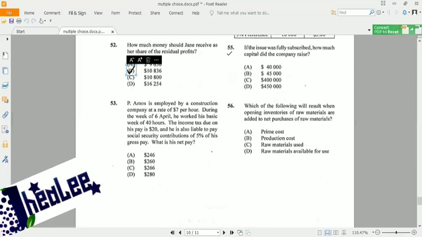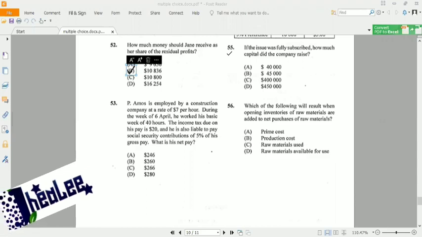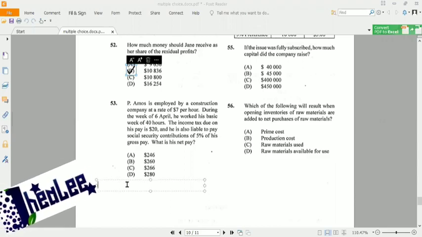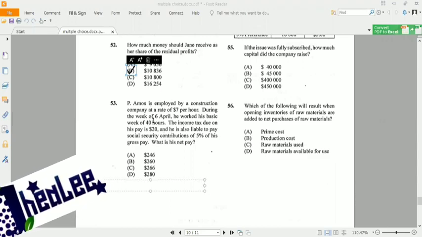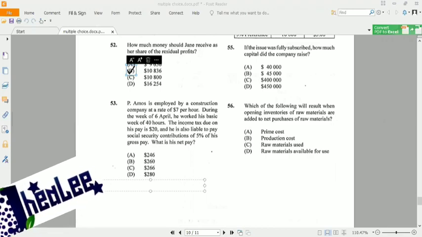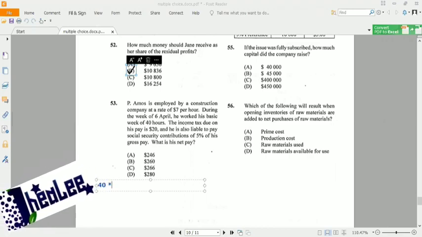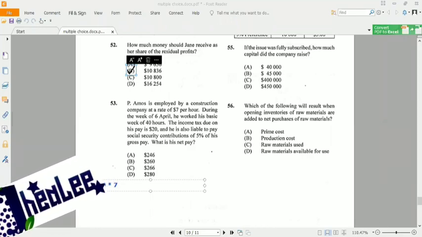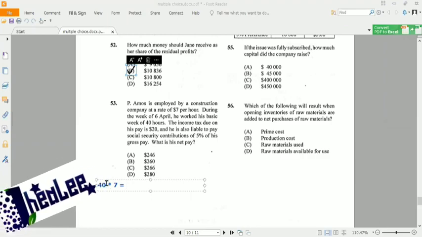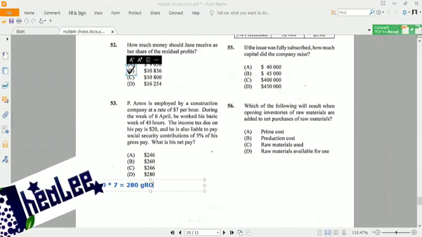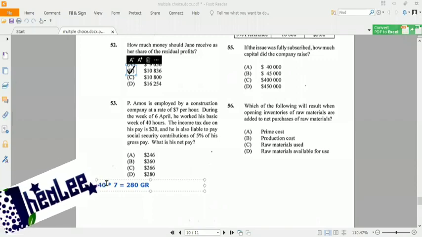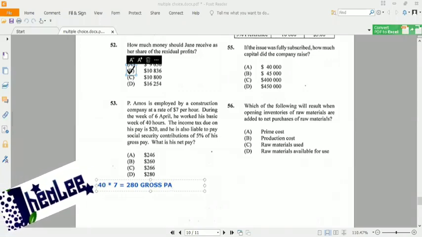The first thing we have to ascertain is the gross pay. Because there's no overtime, it's just the 40 hours times the rate of $7 per hour, and that gives us 280. That is gross pay.